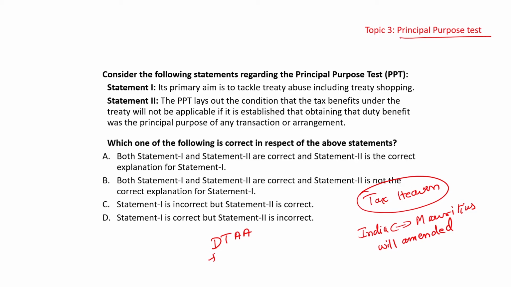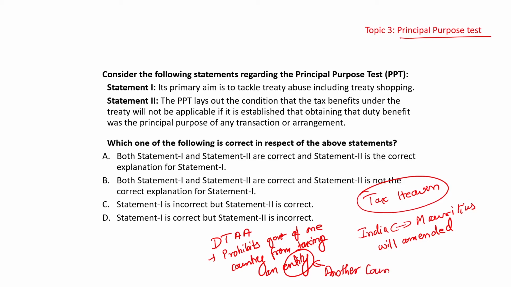What does it do? It prohibits the government of one country from taxing an entity if the entity is already taxed in another country.